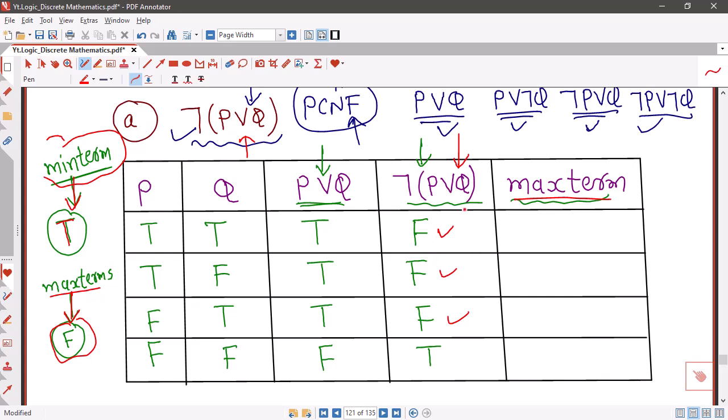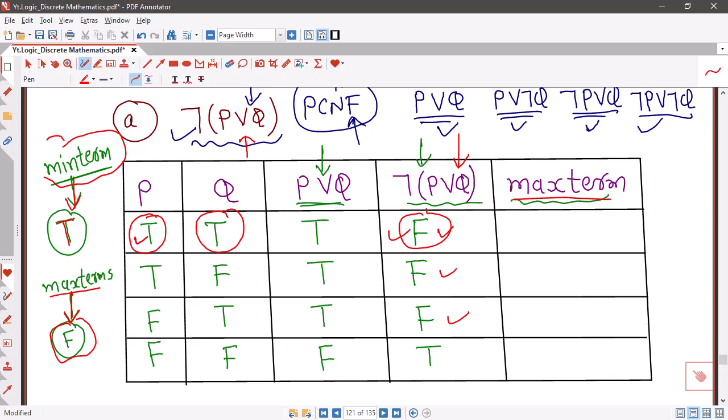Now how to write down the max term corresponding to this truth value F? For that we will concentrate on the truth values of P and Q. If I have F here, then I will write that variable as it is, and if I have the opposite of F, that is true, then I will write its negation.